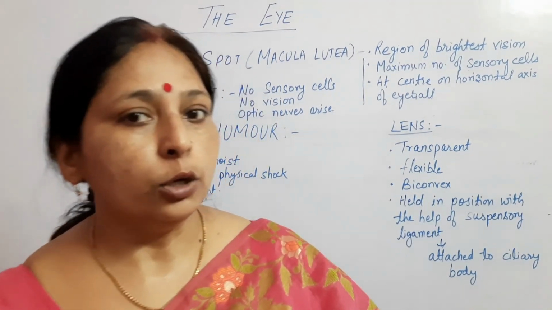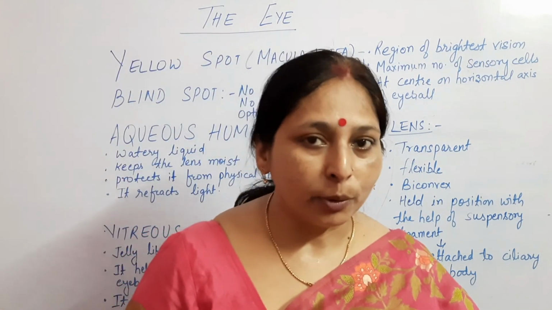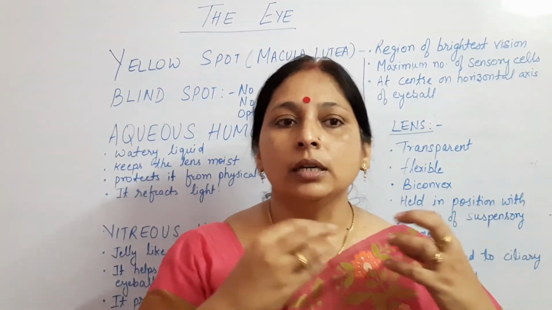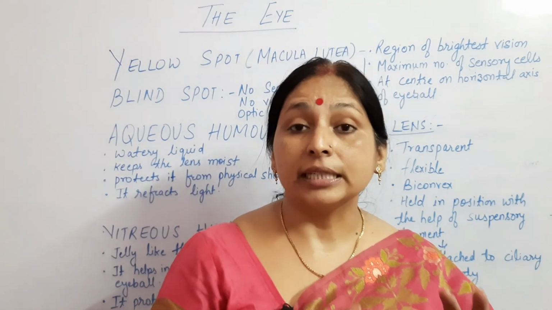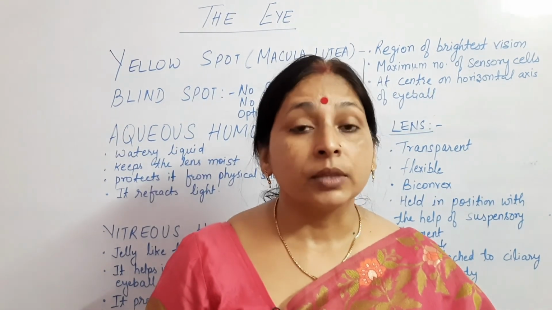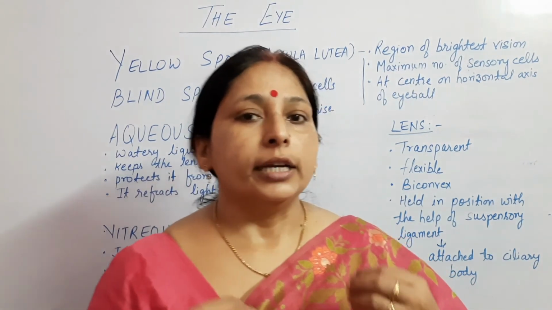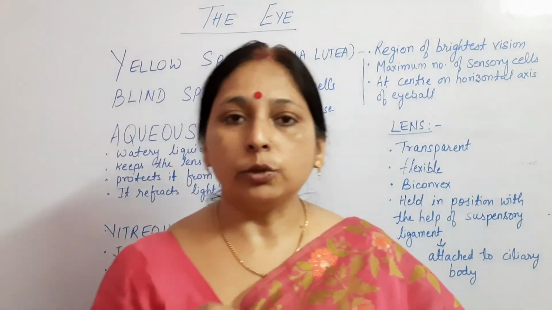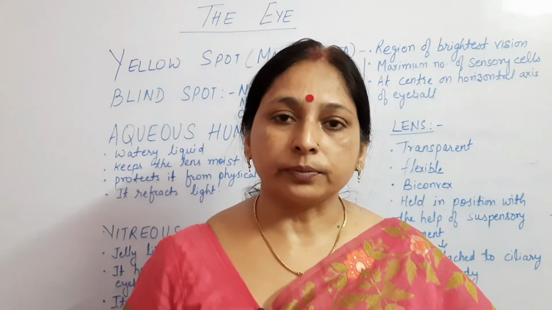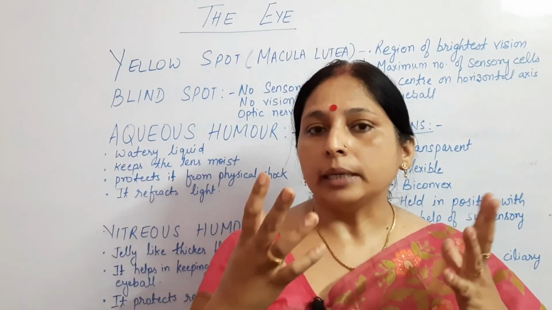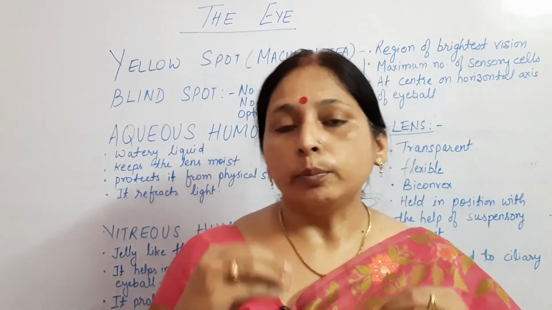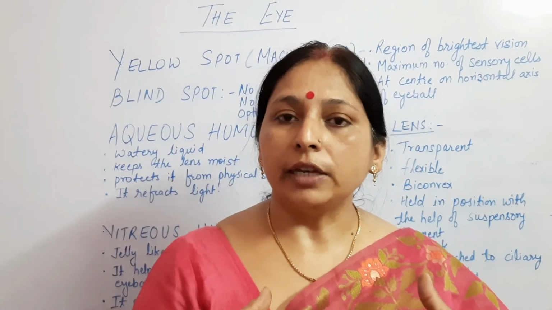So we had a look at what is behind the pupil. We have tried to discuss all the terms related to the structural details. In the next class, or the next video, I'll explain how we see, or what type of accommodation or adjustment is in the pupil for observation.